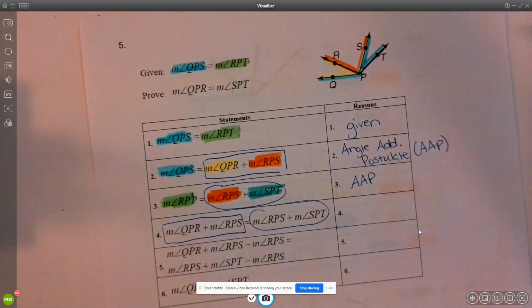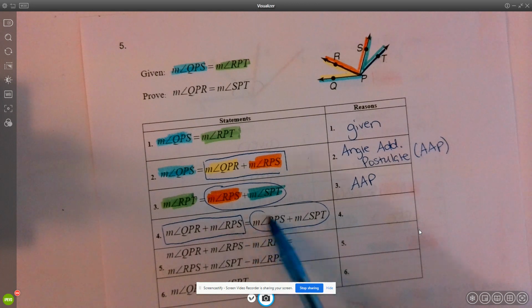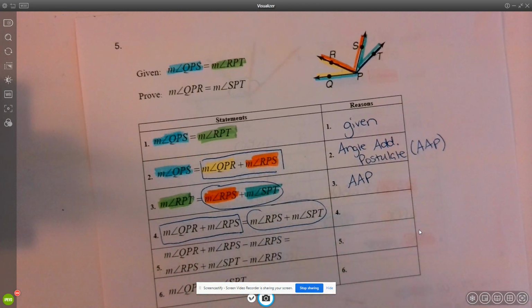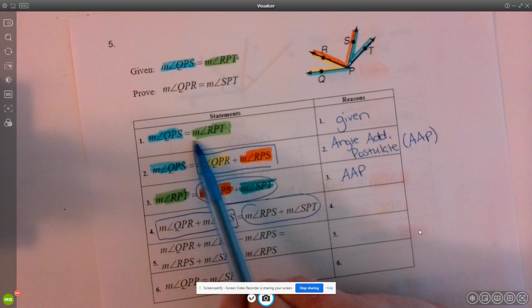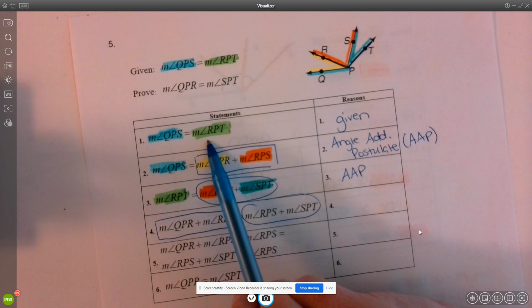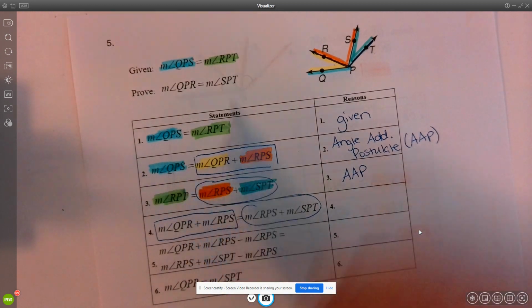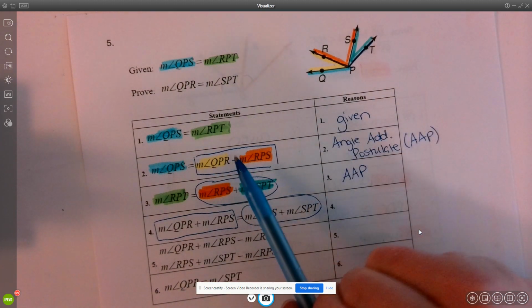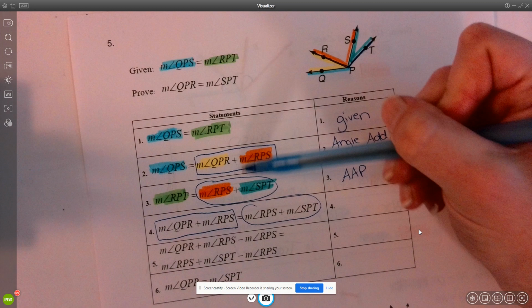So somehow we're taking these three statements and we're concluding that these guys are equal to each other. So let's see if we can figure out how we know this. Well, we know that the blue and the green are equal. And here they show up here. So the blue and the green are equal to each other, which must mean that if this is equal to blue and this is equal to green, that these guys also have to be equal.